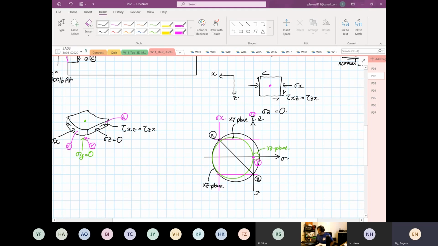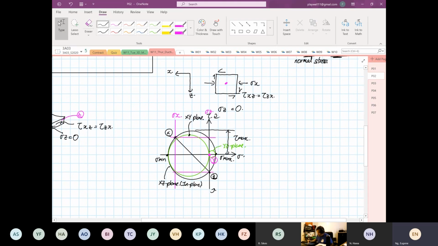Okay, so now what you realize is that the plane you're calculating on, your XZ plane, is your in-plane, right? It's going to generate the maximum shearing stress. From here, we can see that this is stress minimum, and over here this is stress max, right?